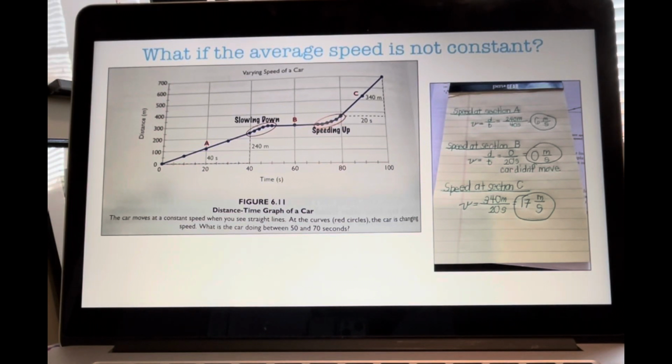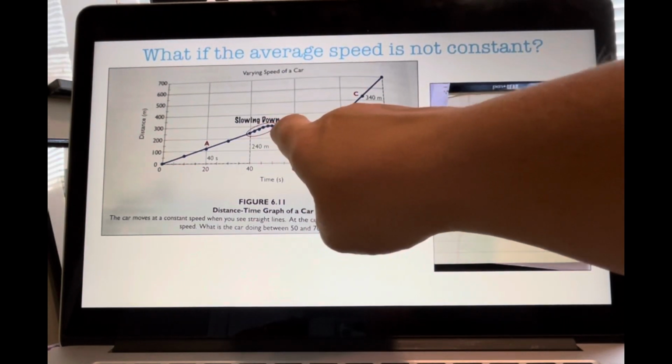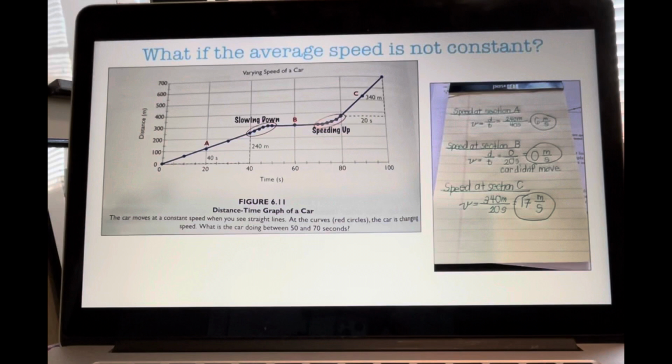What is the car doing during section B of the graph? From 50 to 70 seconds, the car stays at 300 meters. It hasn't gone anywhere. This means the car is not moving, so we can say it has a constant speed of 0 meters per second.